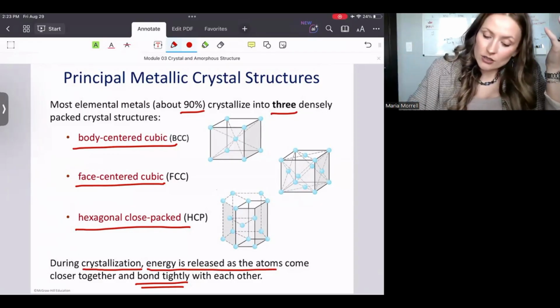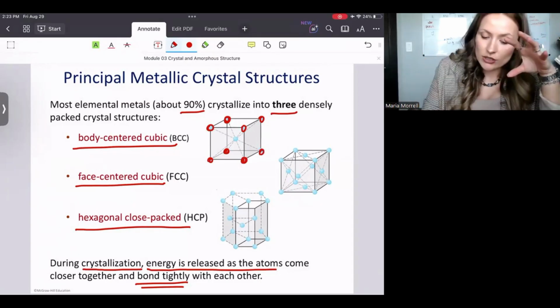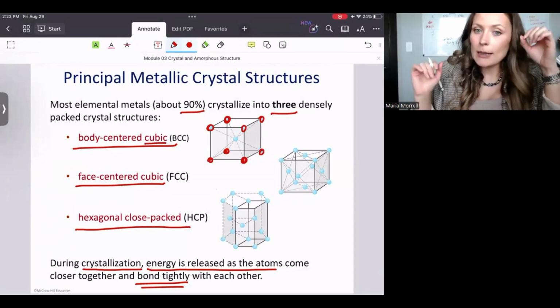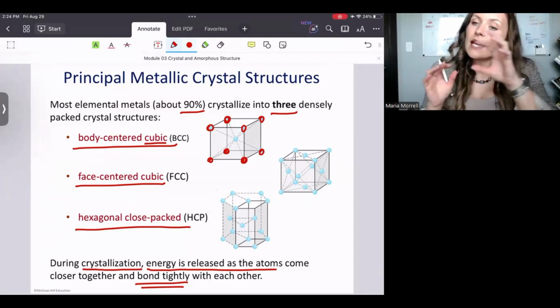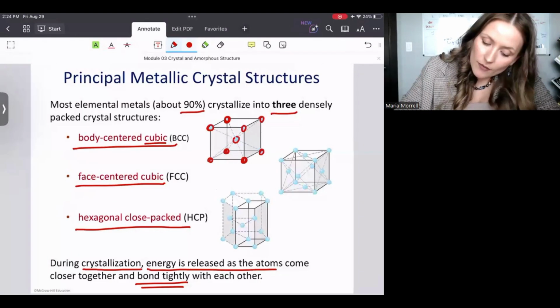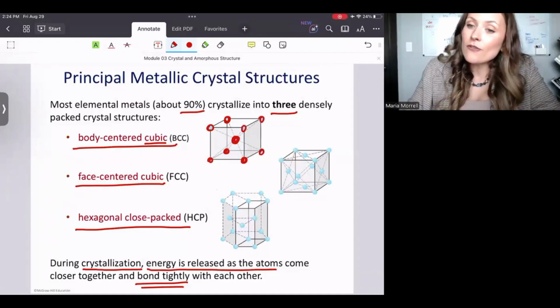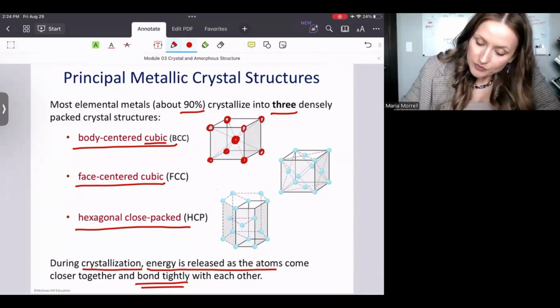For the body-centered, you will have a cube, and in each corner you will have an atom, right? And that's the portion that refers to the cubic portion. Now, body-centered means that at the center of the cube, you will have another atom, right? That's body-centered. Now, face-centered, very simple.